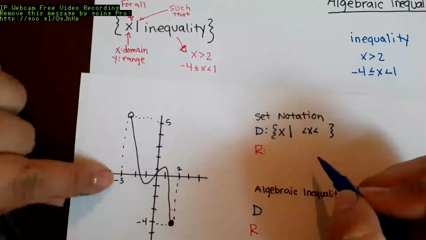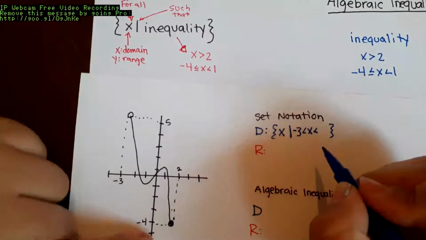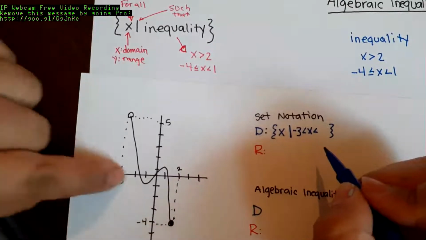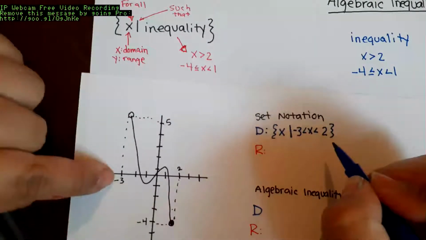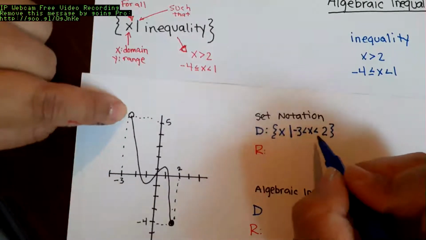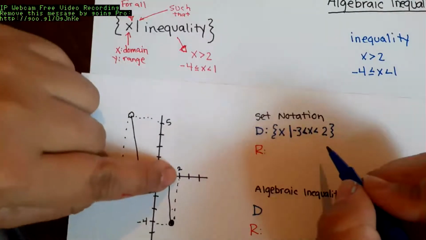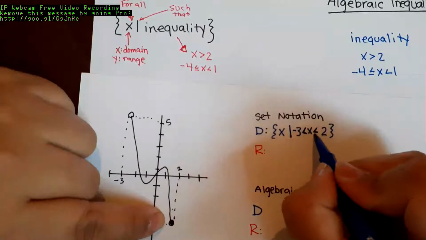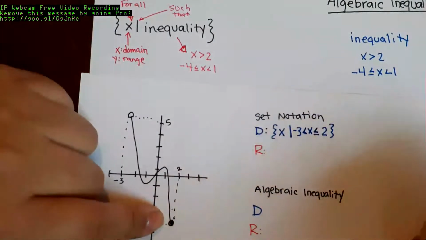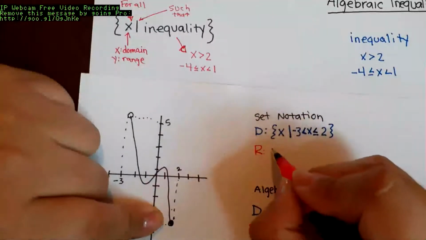So I said my starting point was at -3, and my end point is at 2. Since at -3, that's an open circle, that stays less than. And over here on my 2, that's a closed circle, so that's going to be less than or equal to. And that's the set notation for my domain.